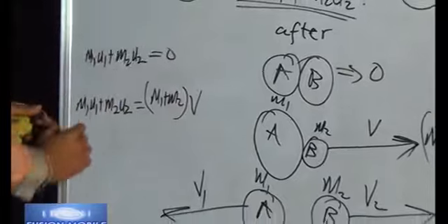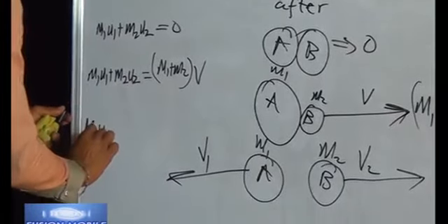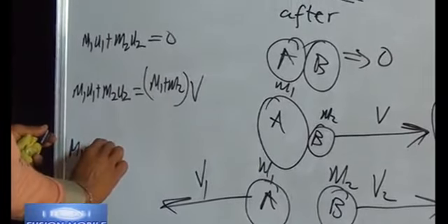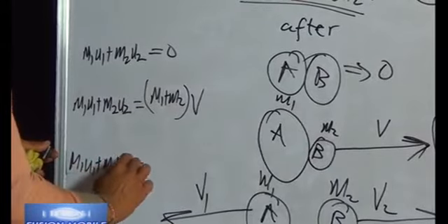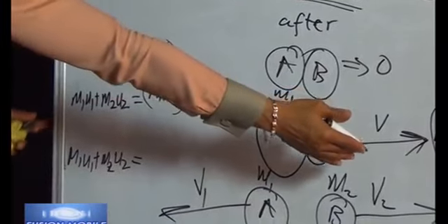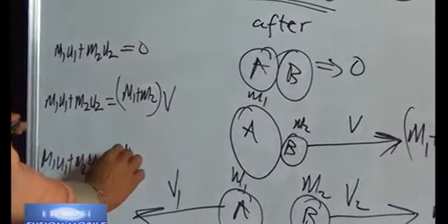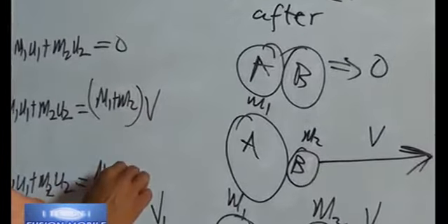For the second case, we have m1u1 plus m2u2 equal to m1 plus m2 all bracket v. For the third case, the same: m1u1 plus m2u2 equal to the one after collision, which is m1v1 plus m2v2.